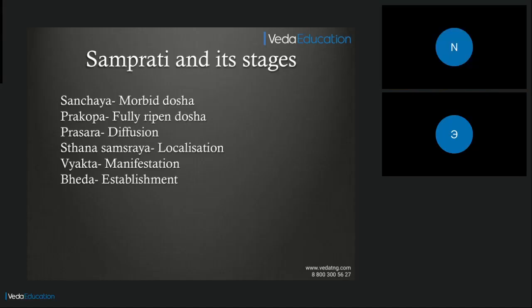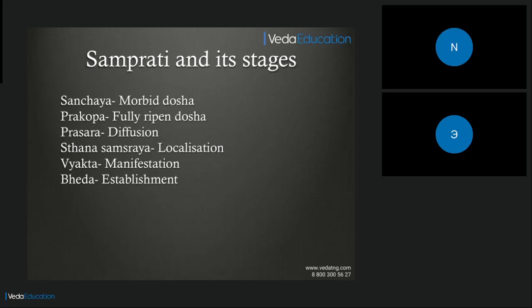In stage 4, known as Sthana Samshraya, the dosha will localize in a very particular area, looking for its expression. And stage 5, called Vyakta, the word itself means that which manifests. It becomes very evident, and the disease has full-blown symptoms.